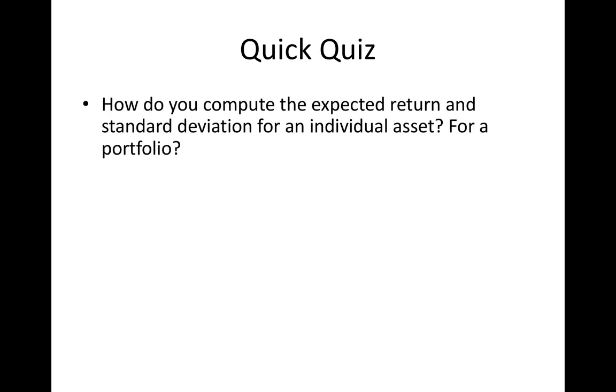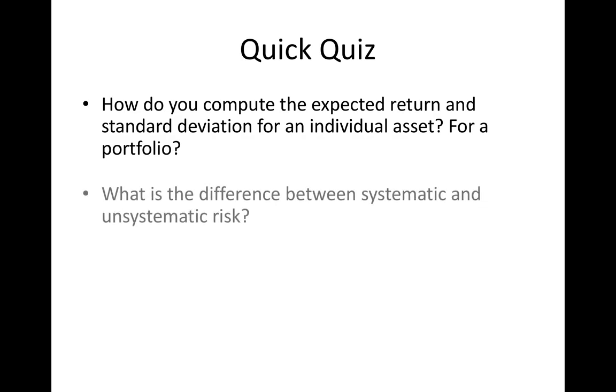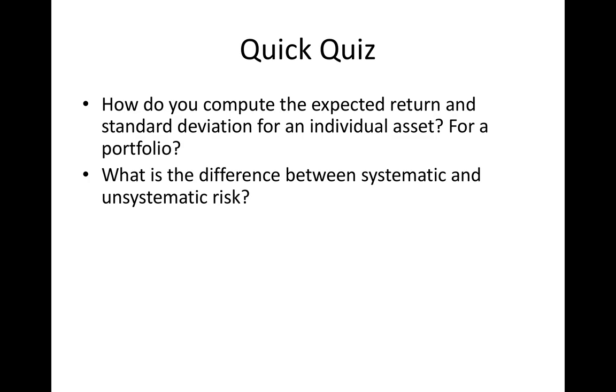So that brings us to the end of our lesson, and these are some things you need to take home with you. First, you need to know how to compute the expected return and standard deviation for individual securities, and you should also be able to do the same for a portfolio. You should also be able to tell the difference between systematic and unsystematic risk, and tell the factors that drive these different risks.